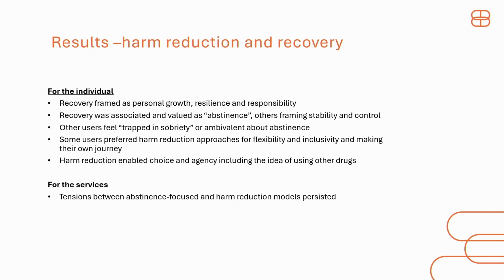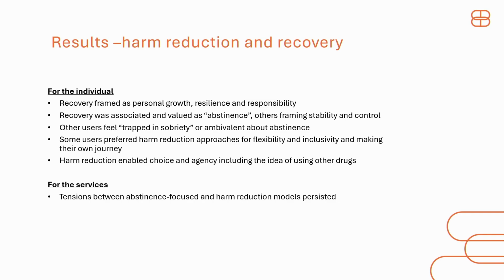Next one is harm reduction and recovery as a theme. Recovery was often framed in the studies as personal growth, resilience, and responsibility, and it was associated with and valued as abstinence, whereas others framed recovery as stability and control. Others felt trapped in sobriety and ambivalent about abstinence as a goal.